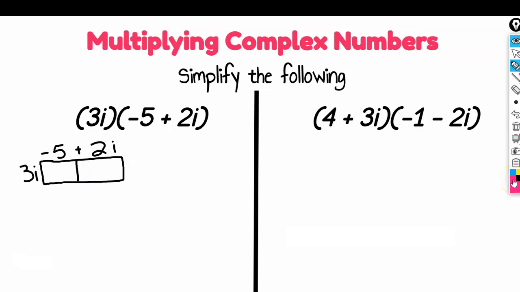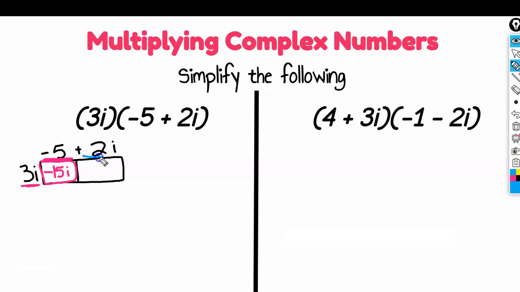Starting out, in my first space here, I will do negative 5 times 3i. Negative 5 times 3 is negative 15, and then times i is just i. So I've got negative 15i in there.